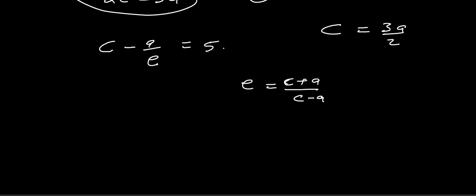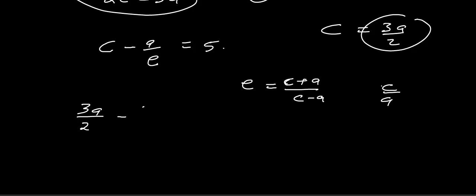This same equation here: where there is a C, remember we've said C is the same as 3a over 2. So here, in place of C, I'll put 3a over 2, then minus what? E is the same as C over A again.